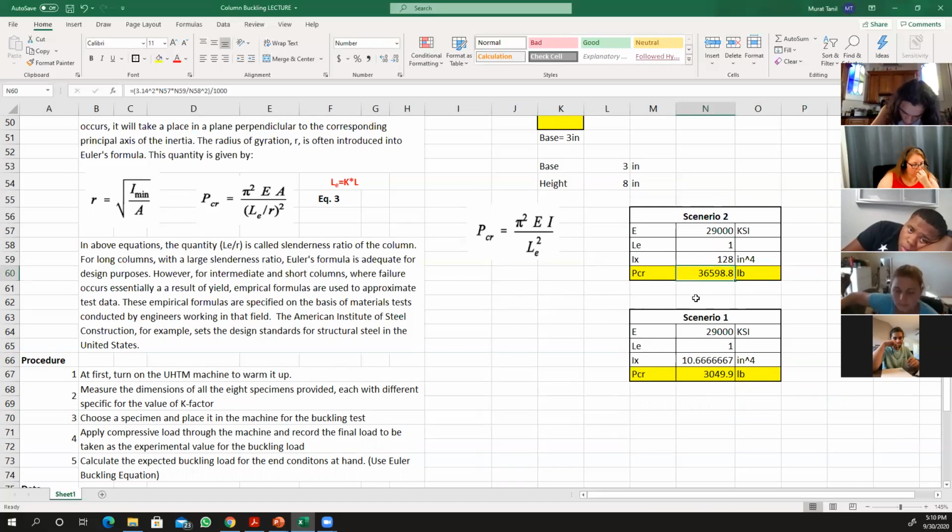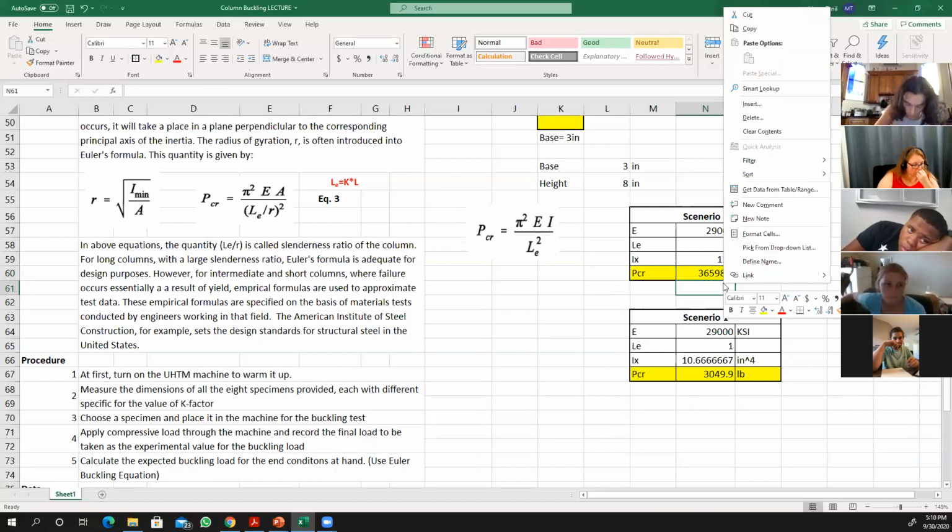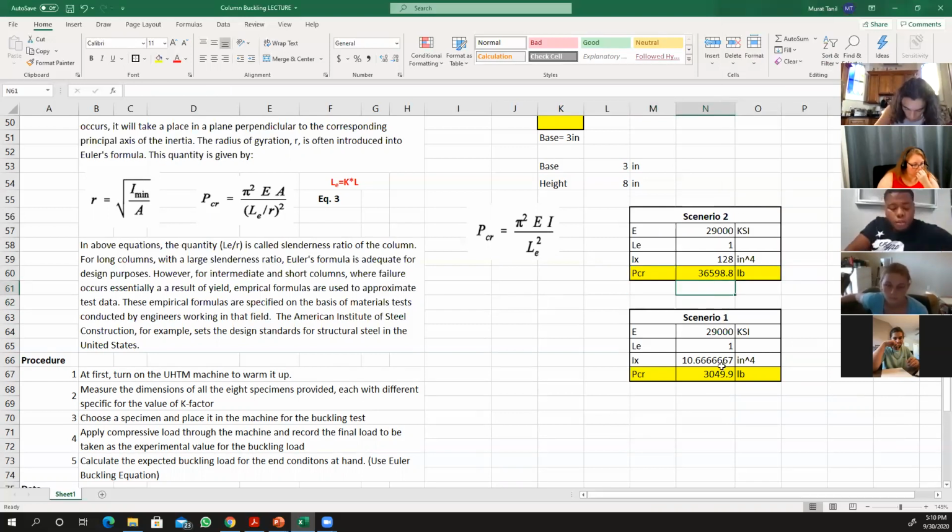So this number is bigger than scenario 1. The P critical based on scenario 2 is 36,598 pounds. In scenario 1, it is 3,049.